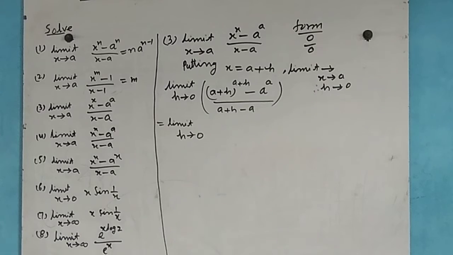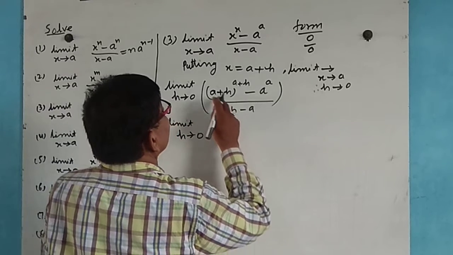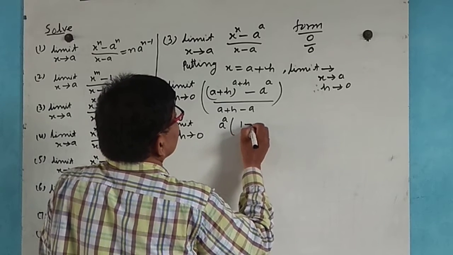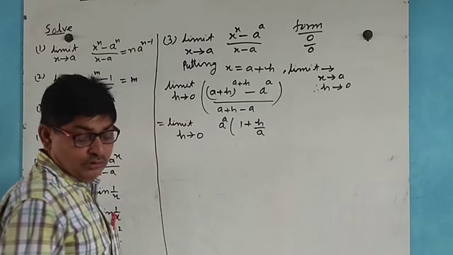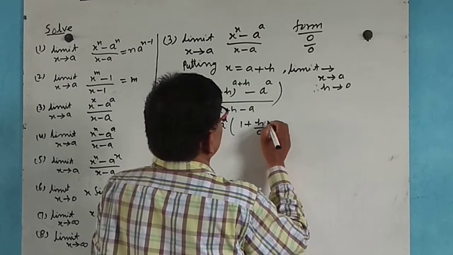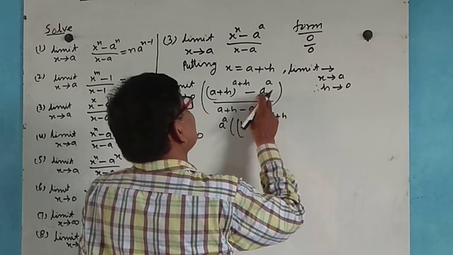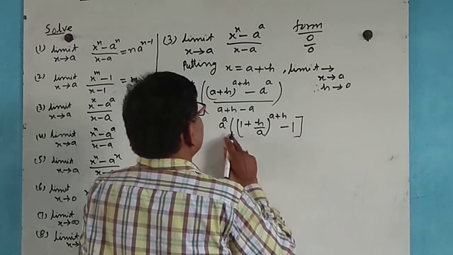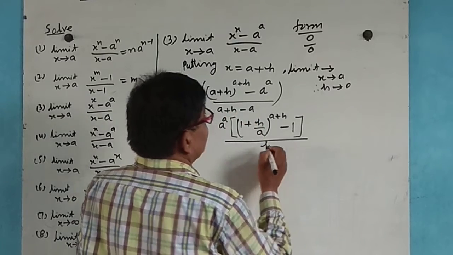Now a to the power a is common, and in this case 1 plus h by a, (1 plus h by a) to the power a plus h, minus 1, divided by h.